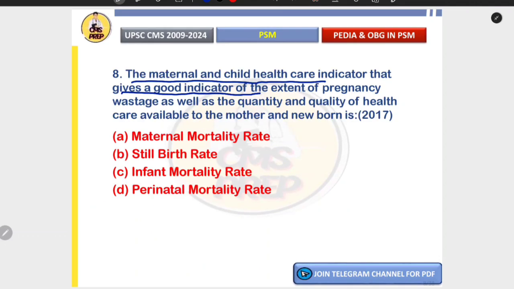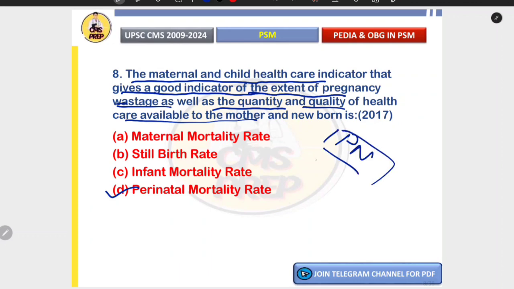The maternal and child health care indicator that gives a good indicator of the extent of pregnancy wastage as well as quality and quantity of health care available to mother and newborn is, so the correct option is perinatal mortality rate. Why? What is the perinatal period? The perinatal period is after 28 weeks of gestation and within 7 days of life.